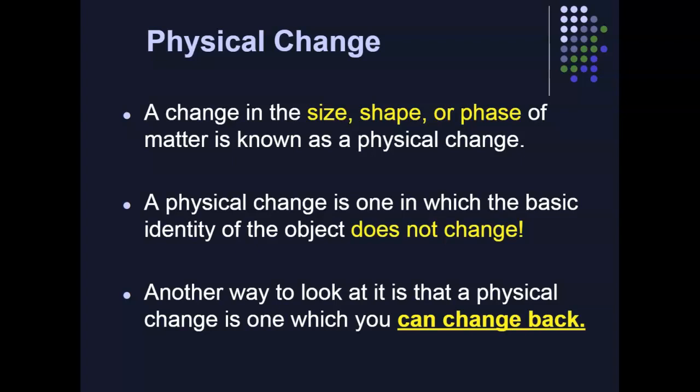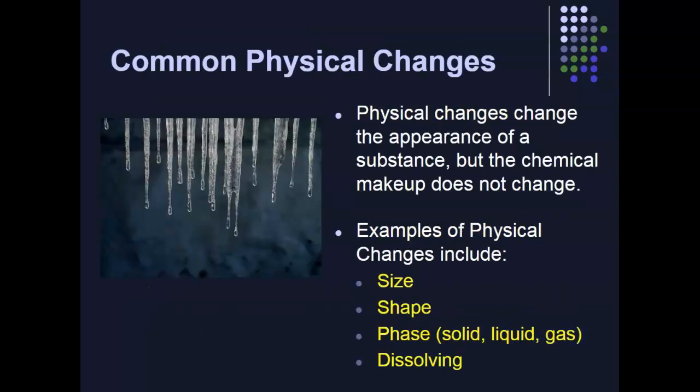It can be changed back by changing temperature, for instance, in the state of matter. Another way to look at it is yes, we can change it back. Common physical changes, in addition to states of matter, are size, shape, and how well it dissolves or how much can be dissolved. So these are all things that can be changed back.